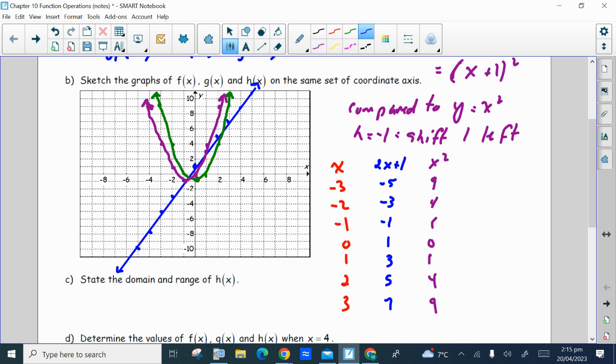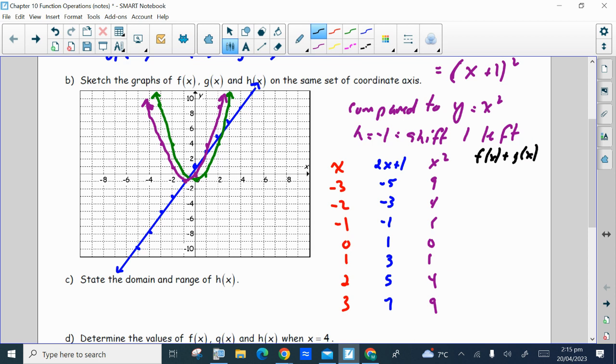And now the y values on h, which is x squared plus 1. And remember, that came from adding f at x and g at x together. That's where we got that equation from.